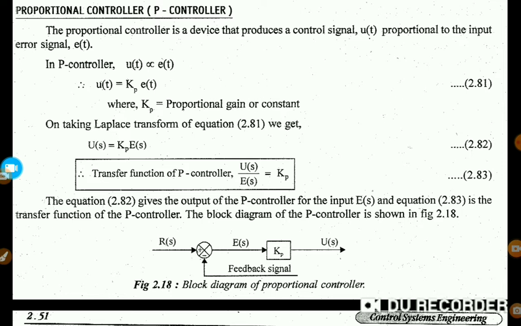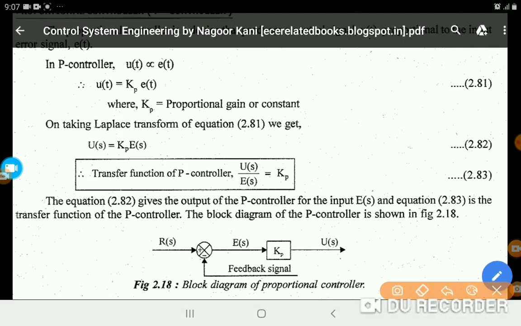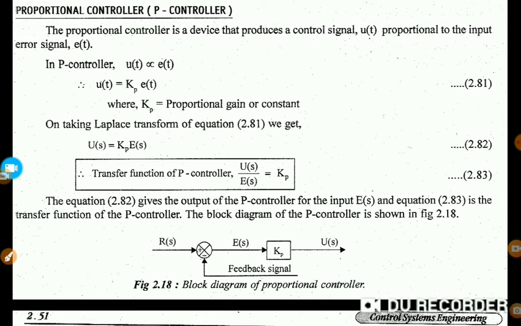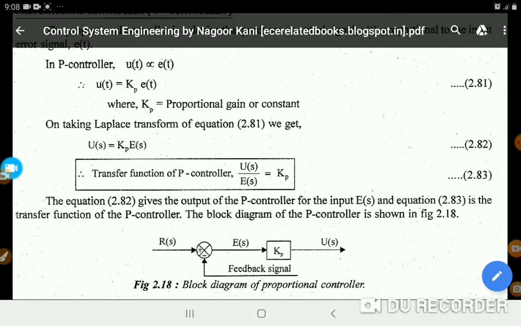Now consider a proportional controller. The name implies it's a device that produces a control signal.